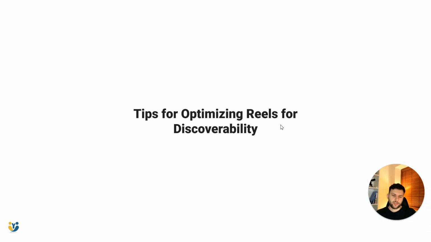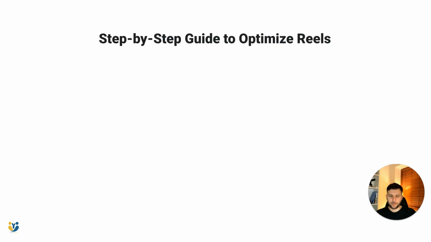All right. So after we've gone through how to actually use effects and trending sounds to your advantage, we are now going to go over how to optimize Reels for discoverability, right? So let's do it. First of all, make sure that you have high quality footage. No calculator camera videos, okay?